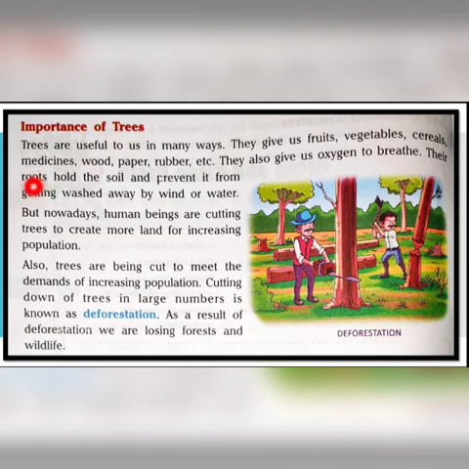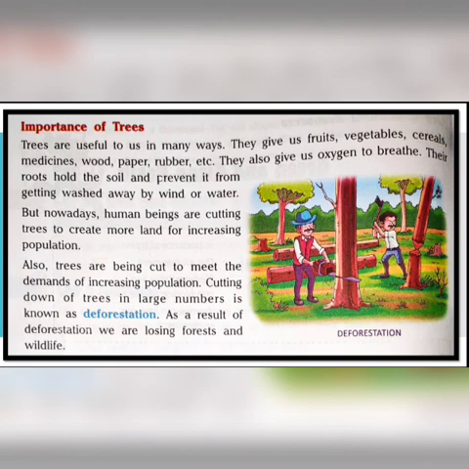The roots of trees hold the soil and prevent it from getting washed away by wind or water. And in this way, trees prevent soil erosion. But nowadays, human beings are cutting trees to create more land for increasing population, which shouldn't be done, right?